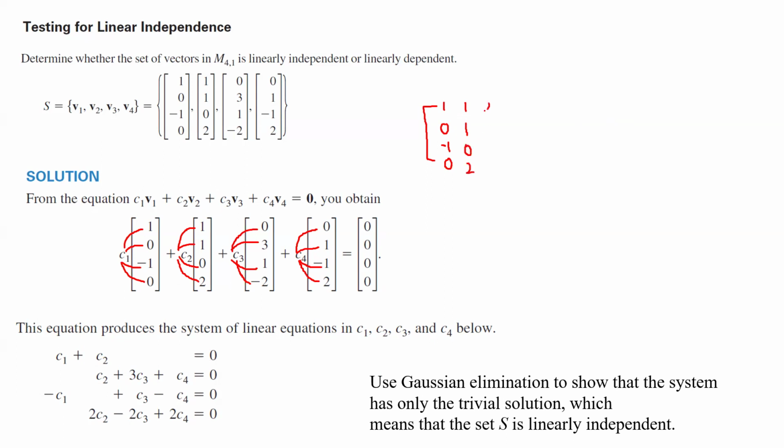Then you have a 0, then you have a 3, 1, and -2. Then what else do we have? We have this guy here, which is 0, 1, -1, and 2. So if you form the augmented matrix, you end up with 0, and 0, and 0, and 0. Okay, here we go.